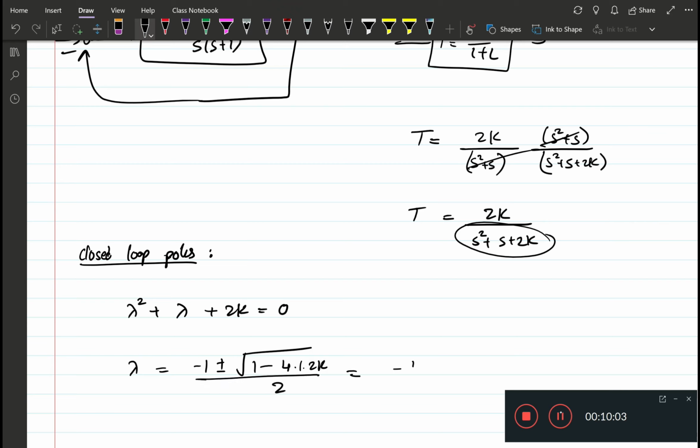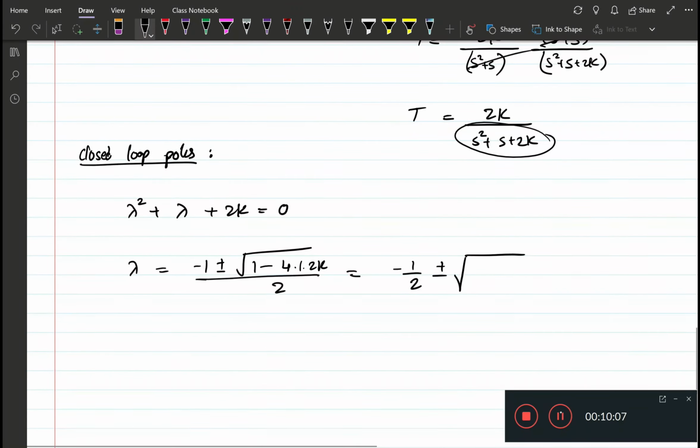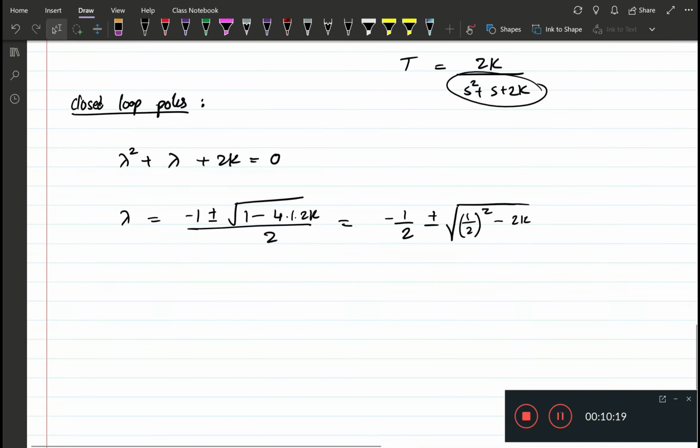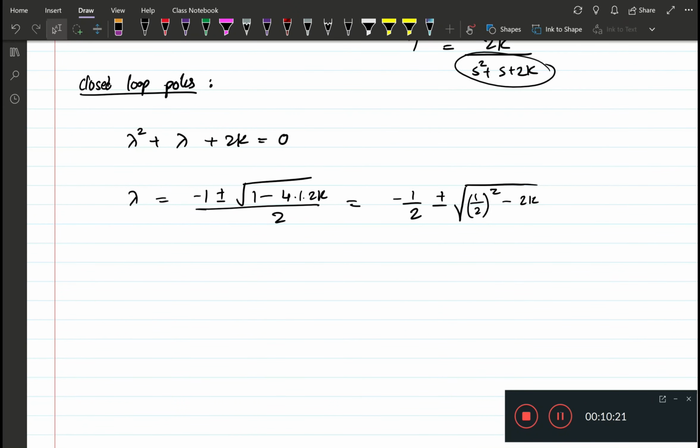So that's just minus half plus minus. Now I'll put the 2 inside, so that will be 1 over 4, that is half squared, and the 4 will get cancelled to get minus 2k. So that's just basic things that we learn in earlier control courses.